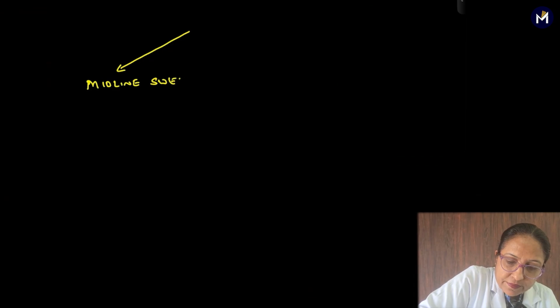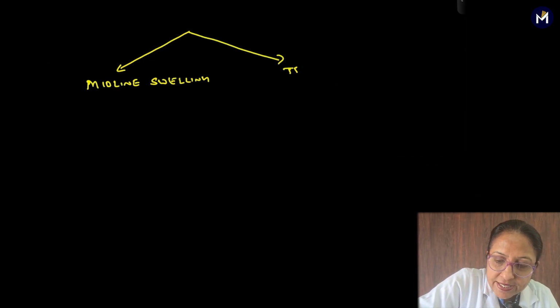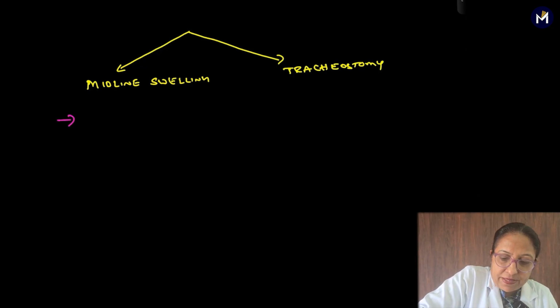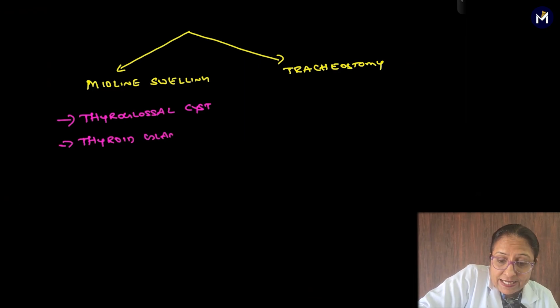One, a midline swelling, and second, tracheostomy. Now, what can be the midline swelling? It can be either a thyroglossal cyst, or it can be a thyroid gland swelling.